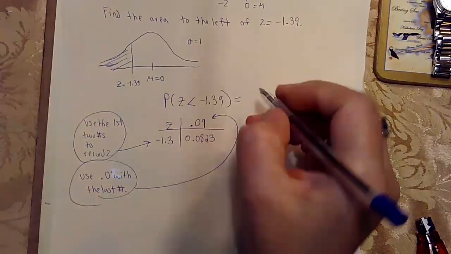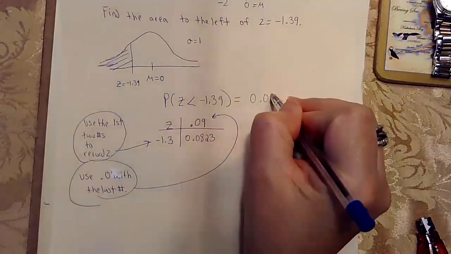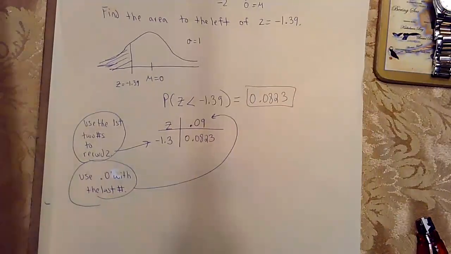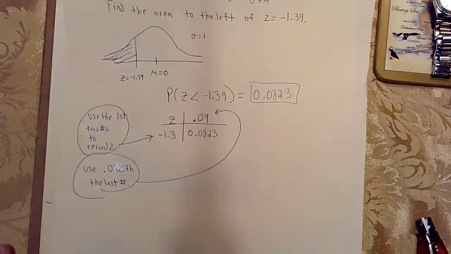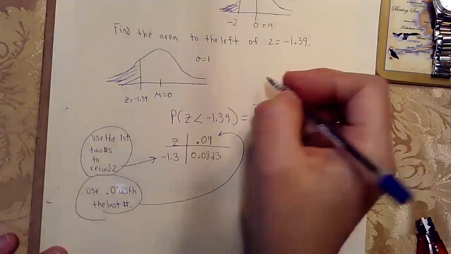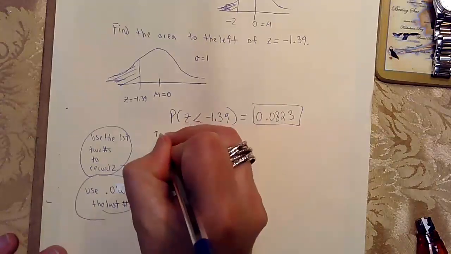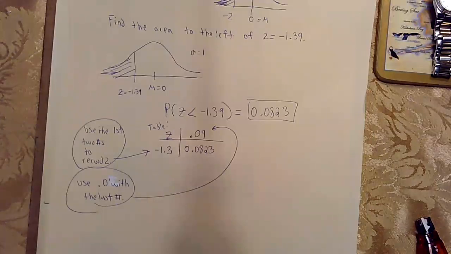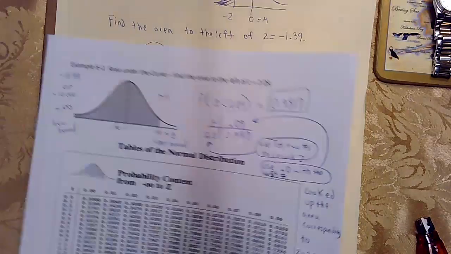So that means that's what this is, 0.0823. Now, this is using the table. And over here, when we're doing these, this was using the table.